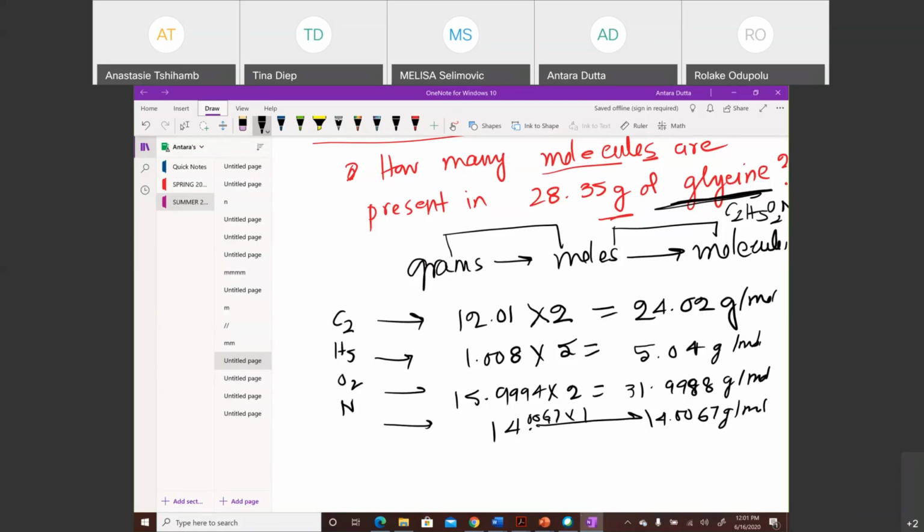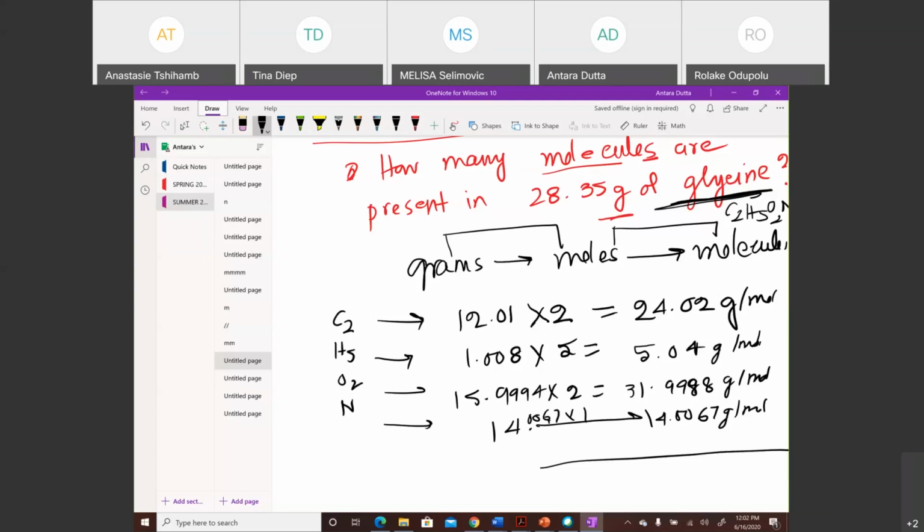So if you take the sum, what do you get? 24.02 plus 5.04 plus 31.9988 plus 14.0067.